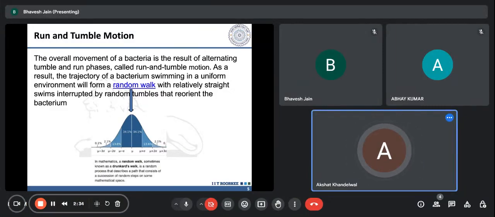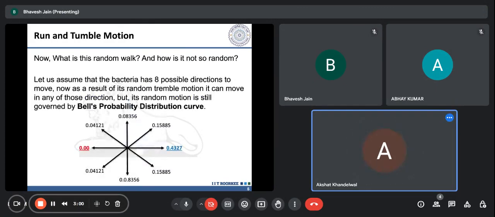As a result, the trajectory of bacteria swimming in a uniform environment will be a random walk with relatively straight motion in line. And what is this random walk or random tumble movement? It is governed by the probability curve. What Bell's probability curve is, and why the motion is random but not so random, will be explained later.